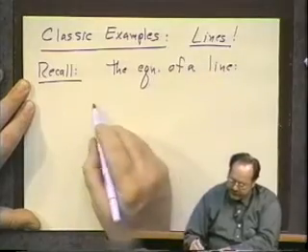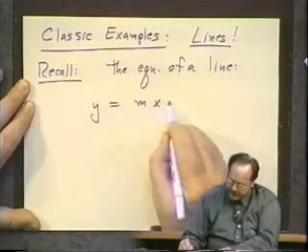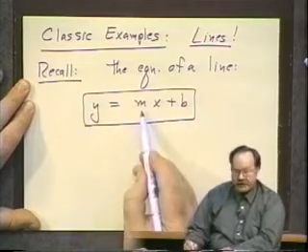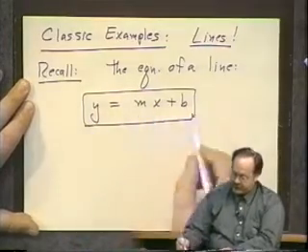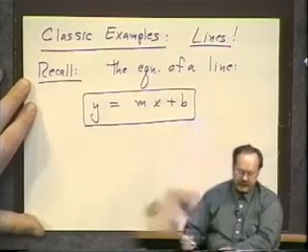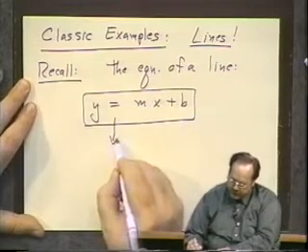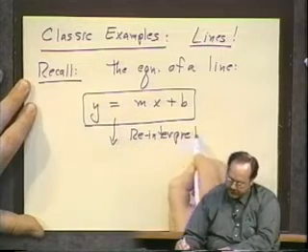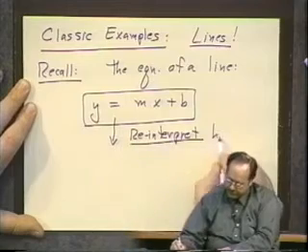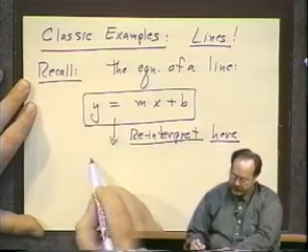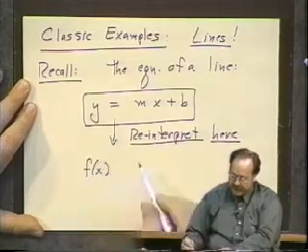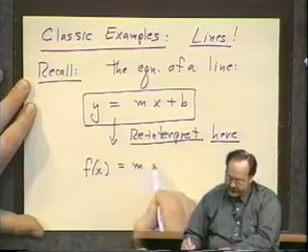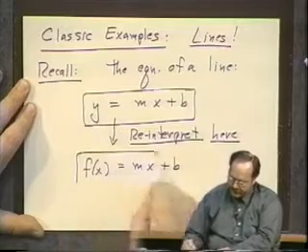Now, our favorite equation, you recall, was y equals mx plus b. That was our favorite of all the equations because the slope of the line is immediately apparent and the y-intercept is also apparent. What we're going to do is reinterpret this as a function. We're going to rewrite the y as f of x because, as you know, we can write y equals f of x. We'll say f of x is equal to mx plus b.